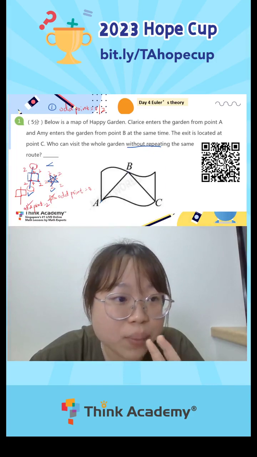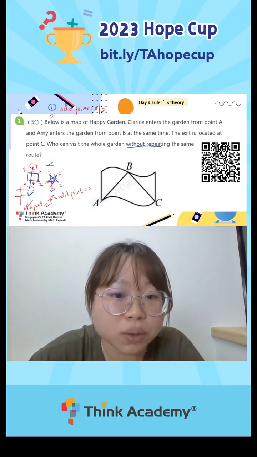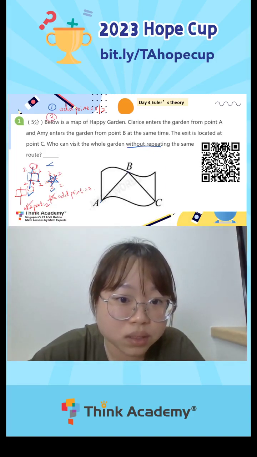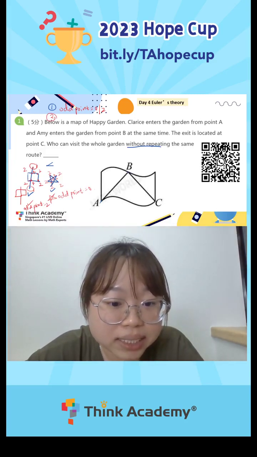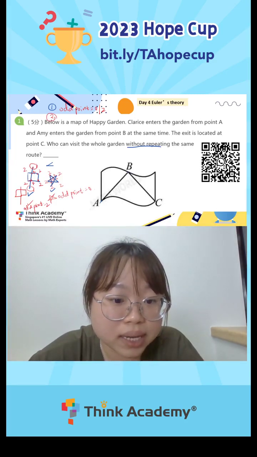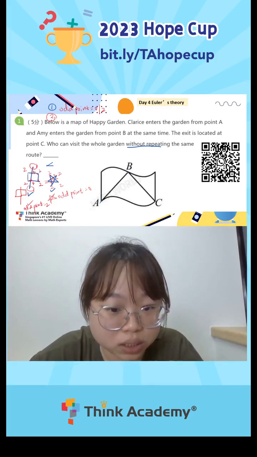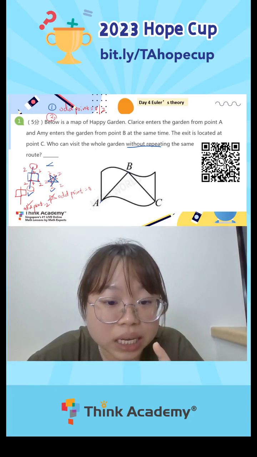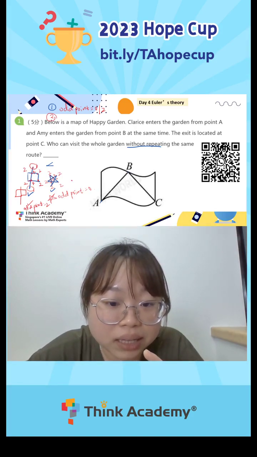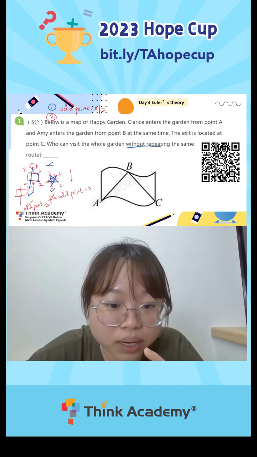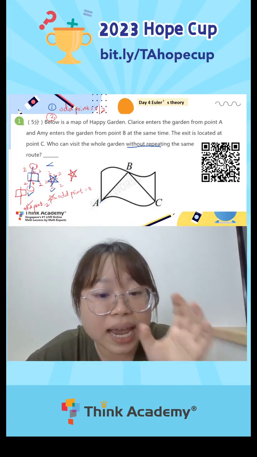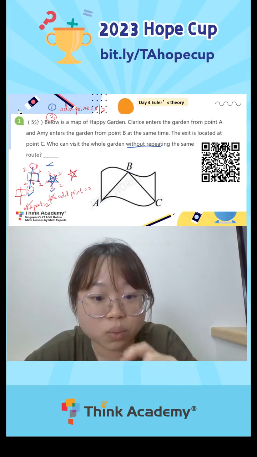Here we come to the second most important point. Just now we covered odd points equal to 2. Let's come to odd points equal to 0. When odd points equal 0, think of the star. If I want to draw a star, I start from this point, like this, and I end at the same point. What about the others?